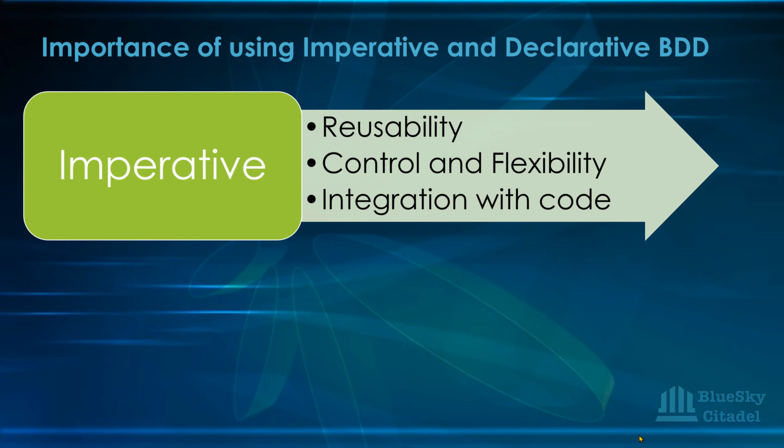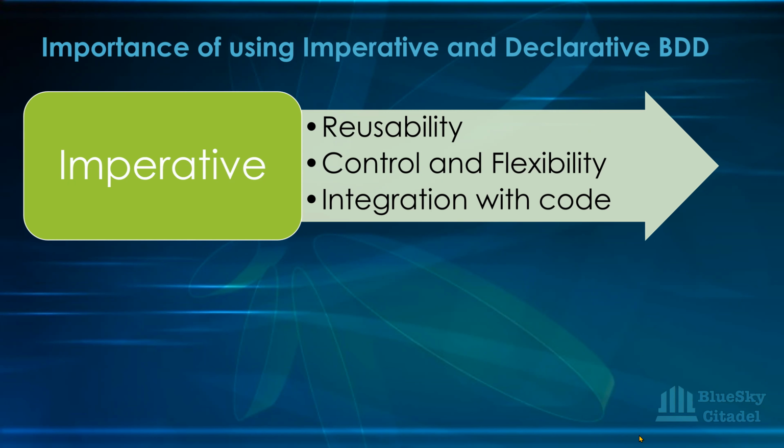You can use the imperative Gherkin within that. It also allows for more control over the test implementation. This is very important when dealing with complex or dynamic scenarios that cannot be easily expressed using the declarative Gherkin.